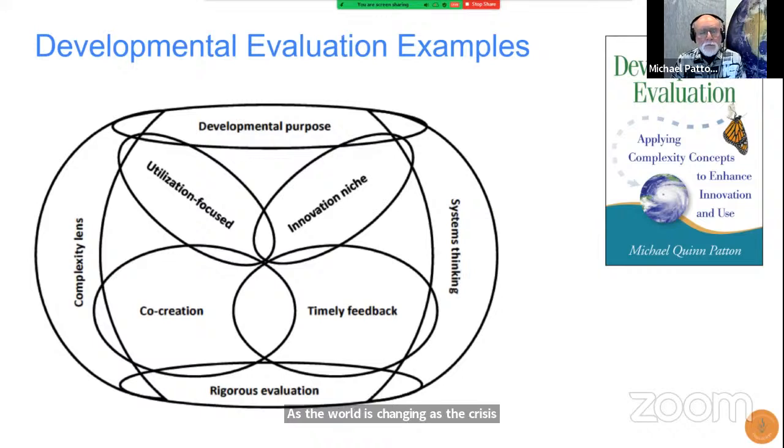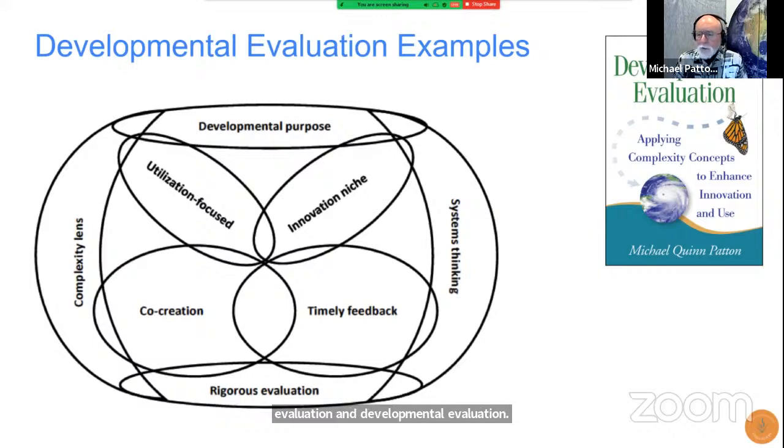And developmental evaluation has emerged in strong contrast to where we began, formative and summative evaluation, which had fixed timelines, fixed criteria, fixed reporting, and we're looking for static models that could be scaled. In a highly turbulent, complex, dynamic, ever-changing crisis environment, we need evaluation that can help people develop, innovate, adapt to changing conditions. And that means ongoing evaluation and developmental evaluation. So it's become a major purpose.